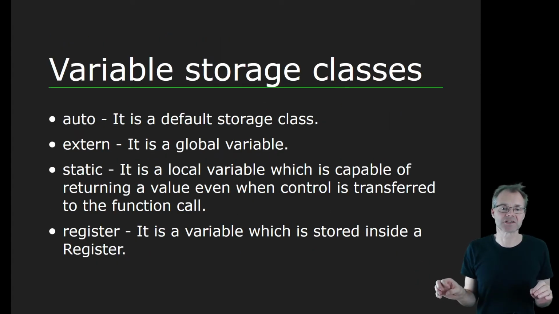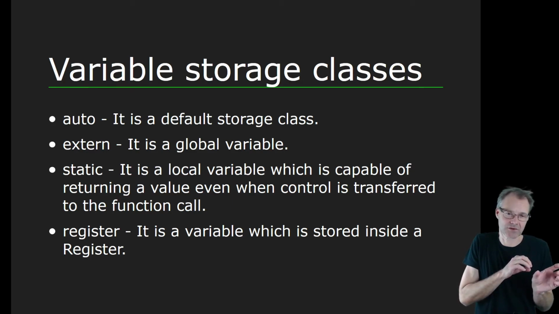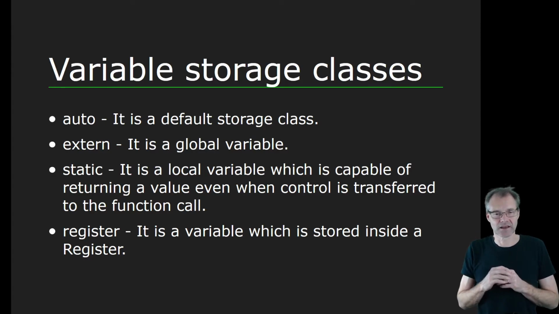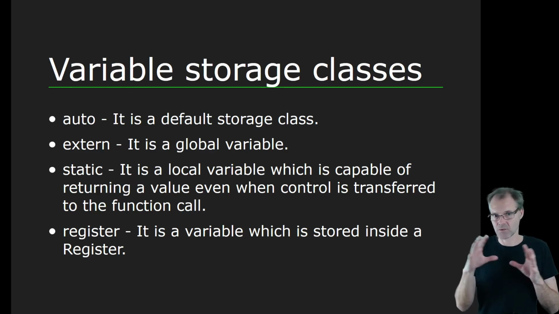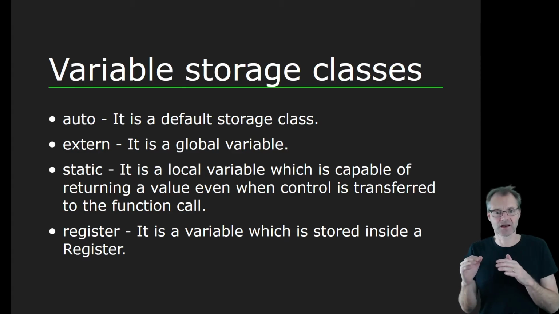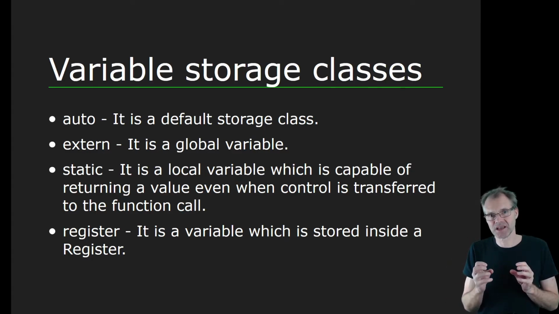About these variable storage classes: auto is the default storage class, so we don't need to apply that to the variable declarations. You write the storage class in front of the variables, so we don't need to do that. Doing extern, that is a global variable, so it can be reached from wherever, an externally defined variable. Static variables can be declared inside a function, for example, and the feature of a static variable is that it contains its value between calls to the function.